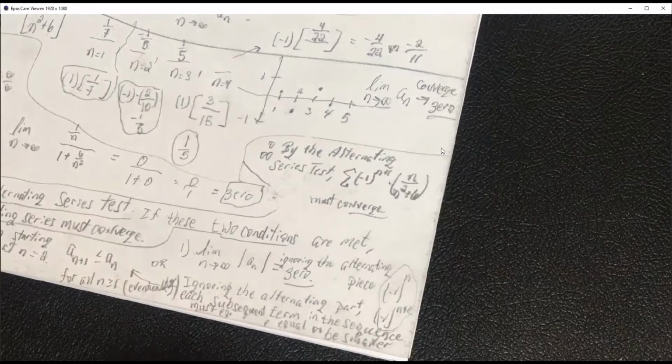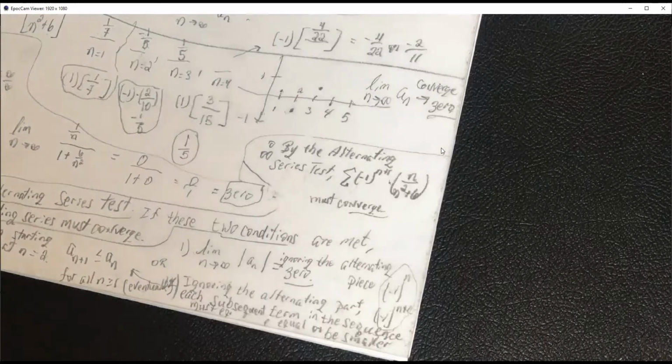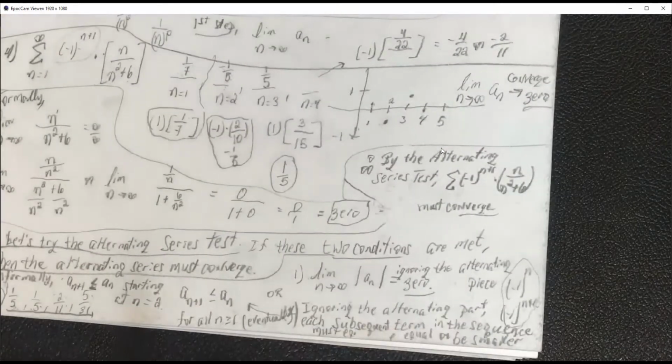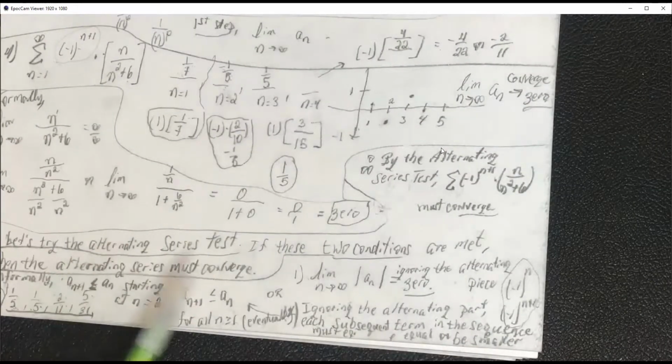Any question? Go ahead. It started converging at n equals 2. Hold on. Did the series start converging at n equals 2? Okay, good question. So this condition, the second condition, is met starting at n equals 2.